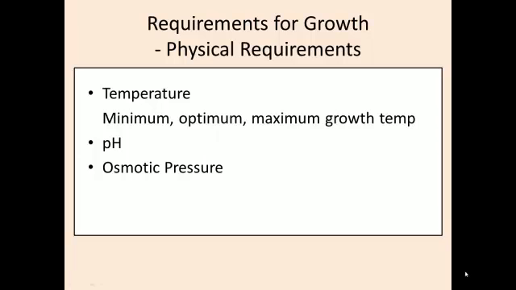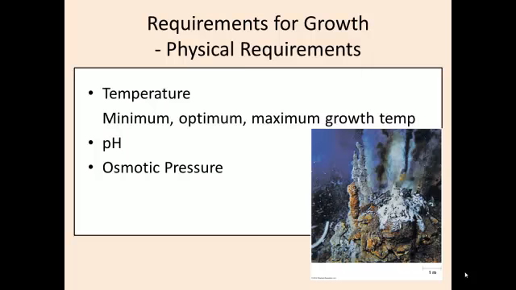Now, originally, when we started culturing bacteria, most of them were bacteria that were associated with humans or with the environment around us. But then we started finding organisms, bacteria and archaea, in strange places. Now, this is a picture of a volcanic vent in the deep ocean. We call them either black smokers or white smokers, depending upon the color of the water that's coming out of them.